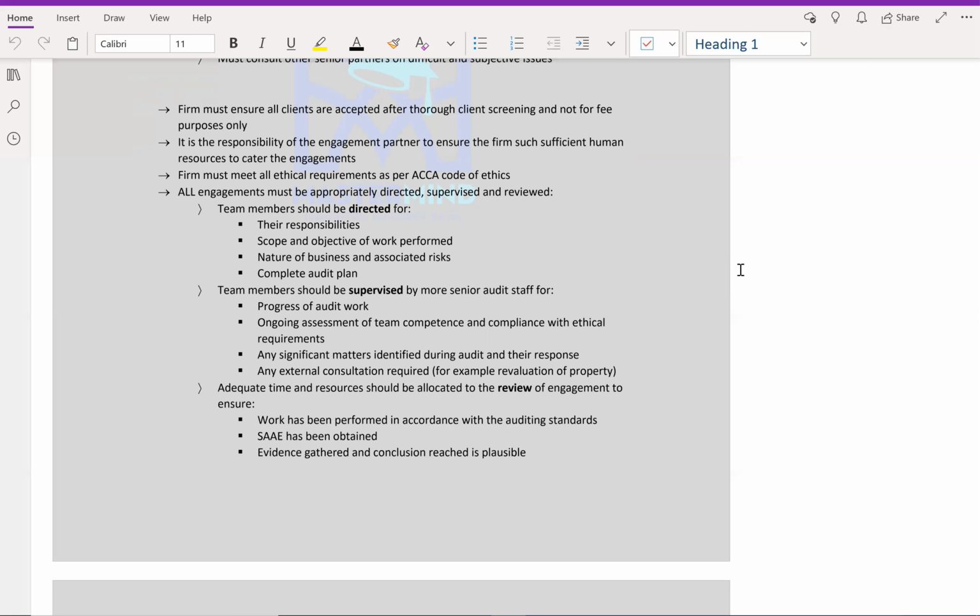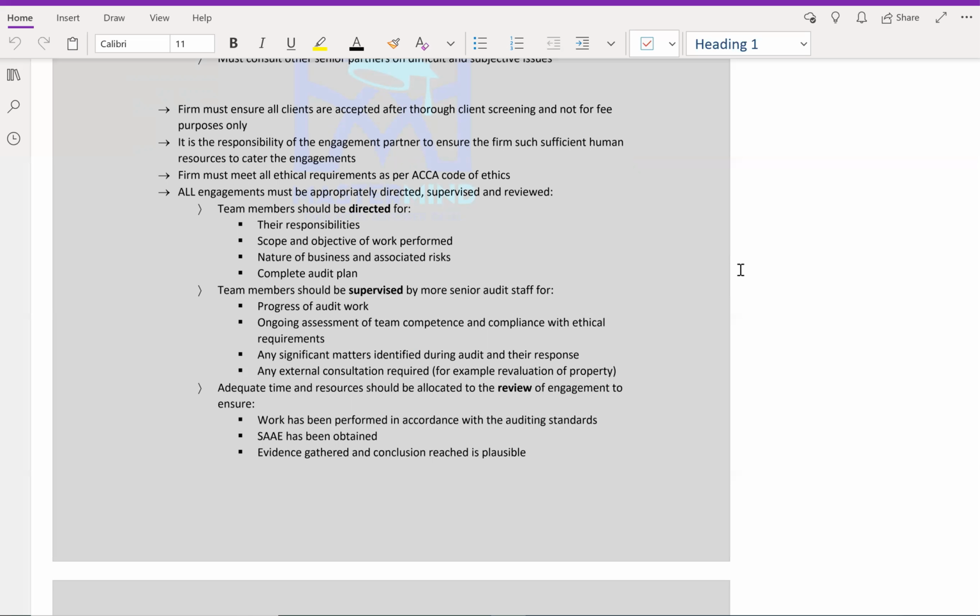Adequate time and resources should be allocated to the review of the engagement to ensure work has been performed in accordance with the auditing standards. It's not just the work that you're performing. Audit documentation, which we'll study next, also requires time. So you should be able to assess what amount of time you're left with in order to document what you've gathered.